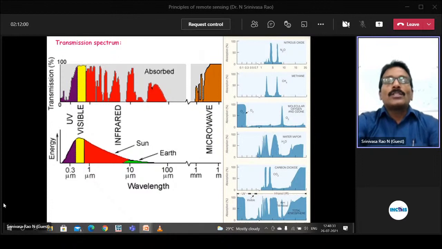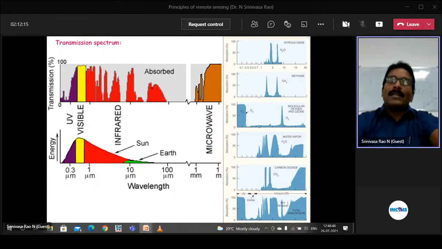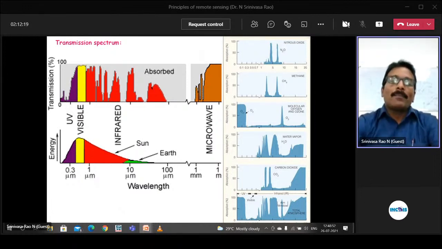This is the x-axis, wavelength. The y-axis represents how much energy is emitting or reflecting. If it is reflecting, sunlight reflects; emitting means based on the body temperature it emits energy. Both are the same, only the phenomena are different.